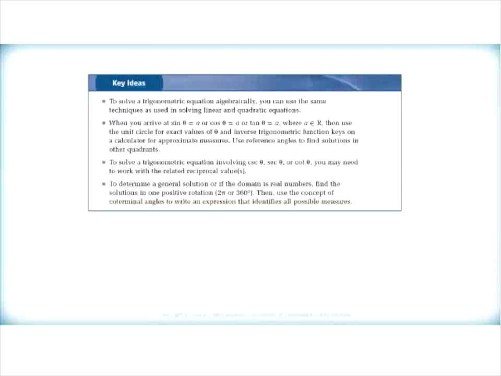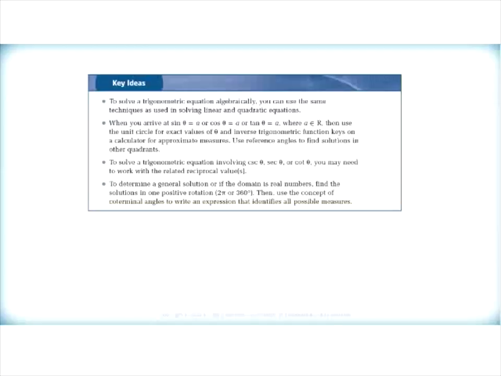Key ideas. To solve a trig equation algebraically, you can use the same techniques that you use in solving linear and quadratic equations. When you arrive at sine theta equals A, or cosine theta equals A, or tan theta equals A, then you use a unit circle for exact values of theta, and the inverse trig functions key on the calculator for approximate measures. And we use reference angles to find solutions in other quadrants, and we did a lot of that in this lesson.